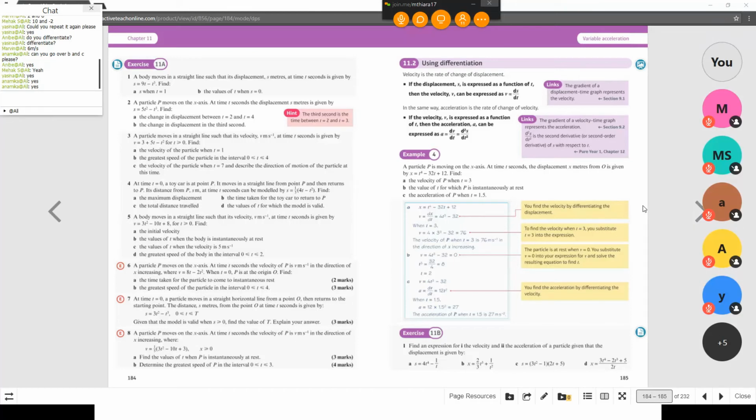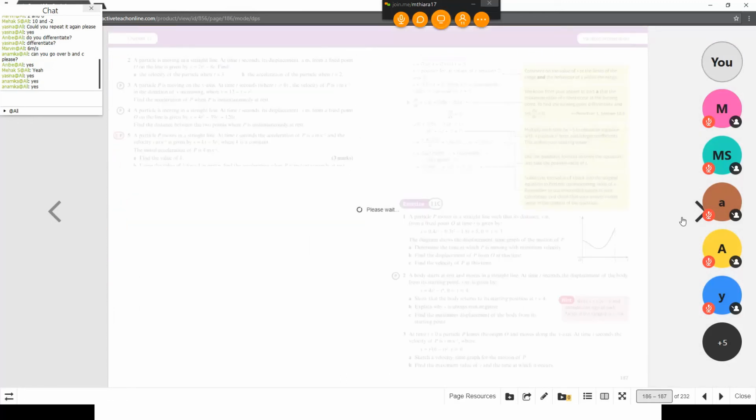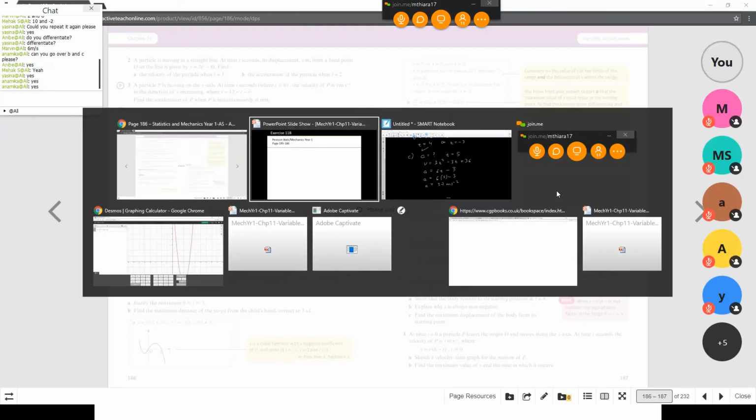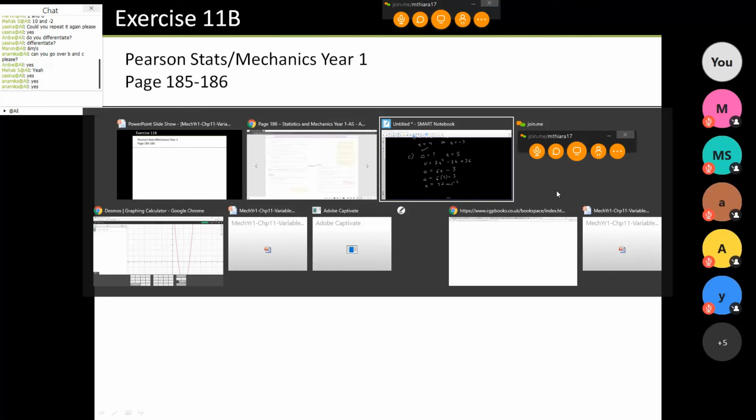I think there's only really value in doing exam style questions, so if you could please have a go at, once this refreshes, 11b 4, 5 and 6 please. Okay, 11b 4, 5 and 6. Right, let's move on with our presentation.